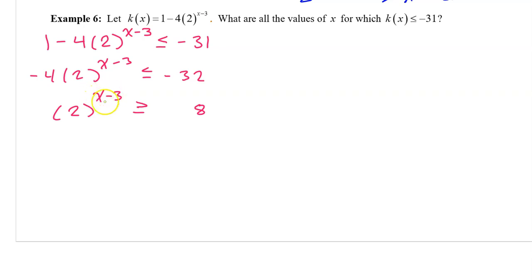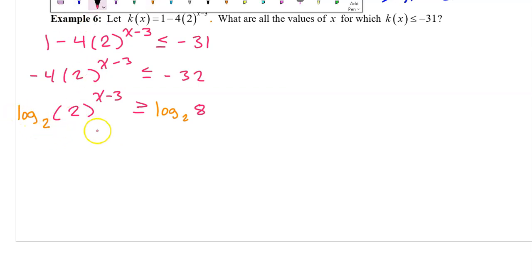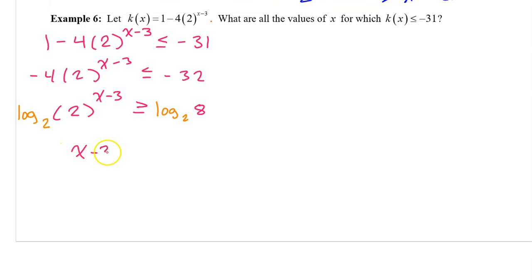Ultimately, we need to get x by itself, but first we need to somehow make this 2 go away. We can get rid of that 2 by taking the log base 2 of both sides of this inequality. Log base 2 and base 2 cancel each other out, leaving behind the x minus 3 on the left side of the inequality.